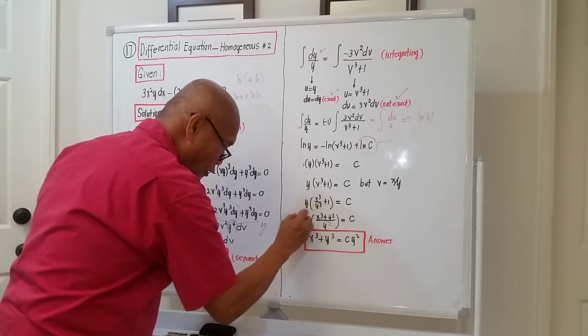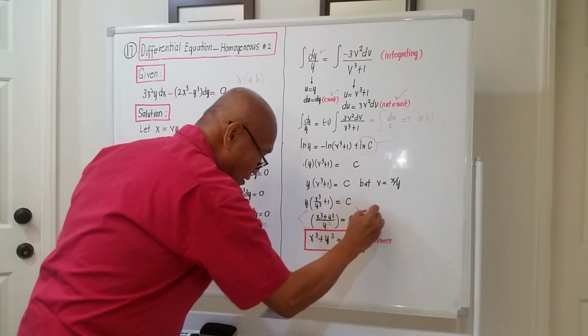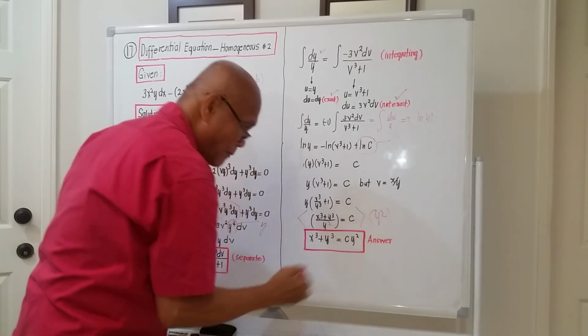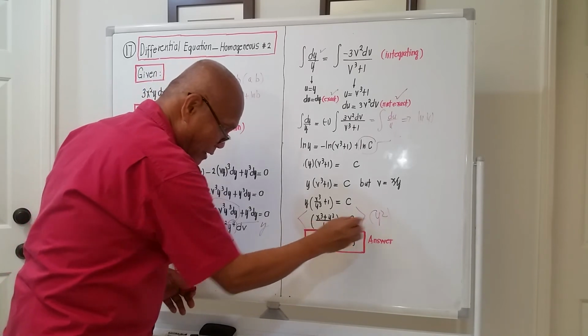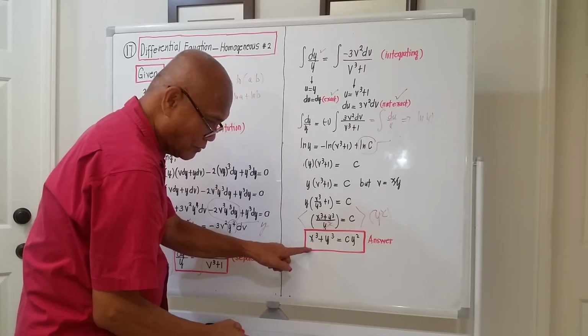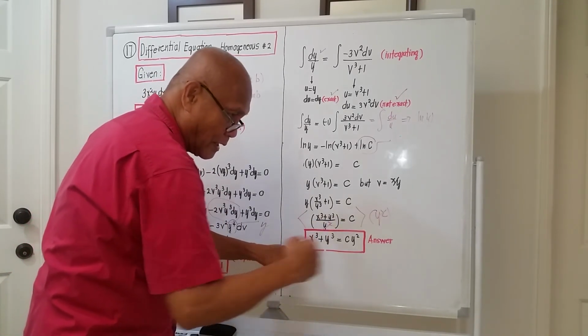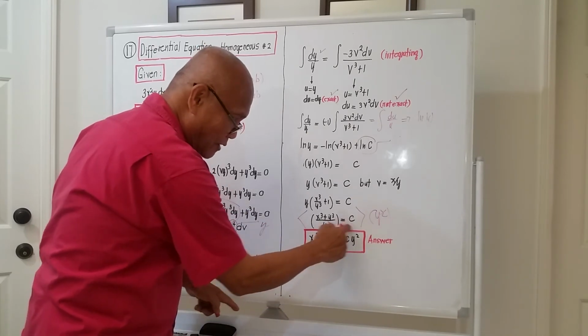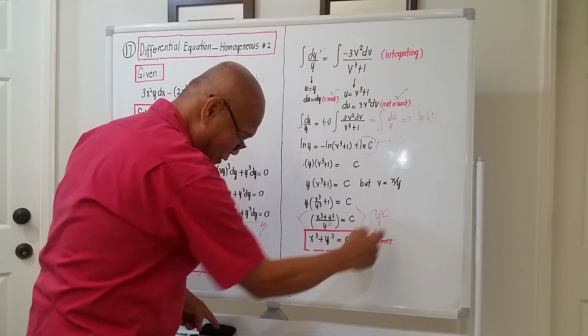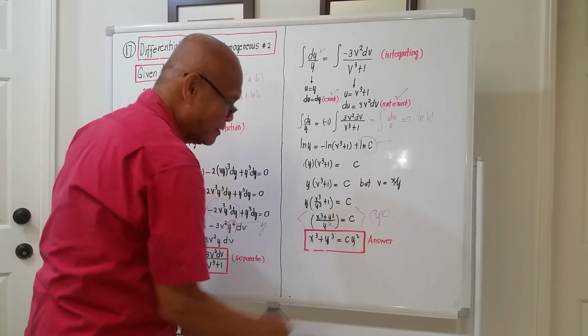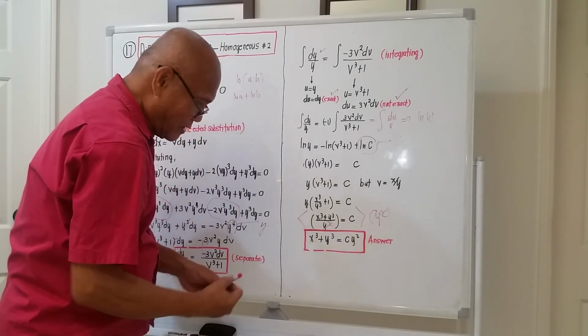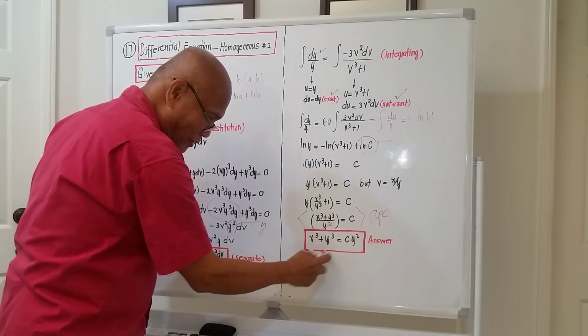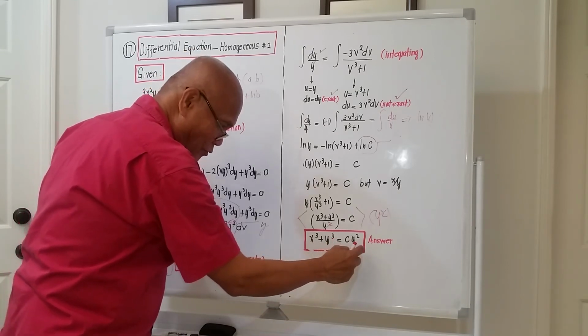And if we multiply all the terms by y squared, on the left hand side this term cancels with this. What remains is x cubed plus y cubed. Right hand side, it will be c times y squared. So the final answer is x cubed plus y cubed equals c y squared.